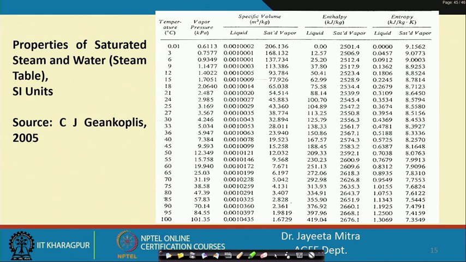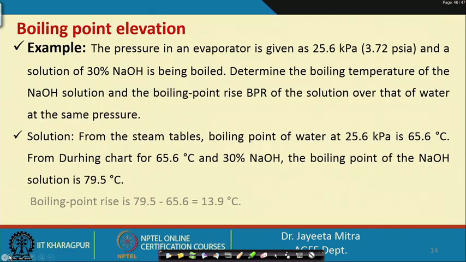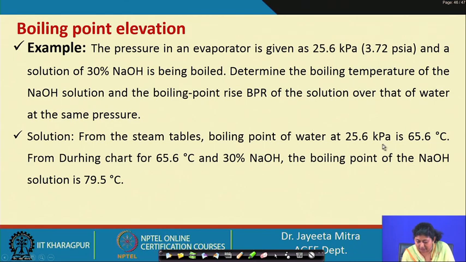Here we need to find the vapor pressure that has been given, something between these two, 25.03 and the next one, so here 25.6 kilopascal.